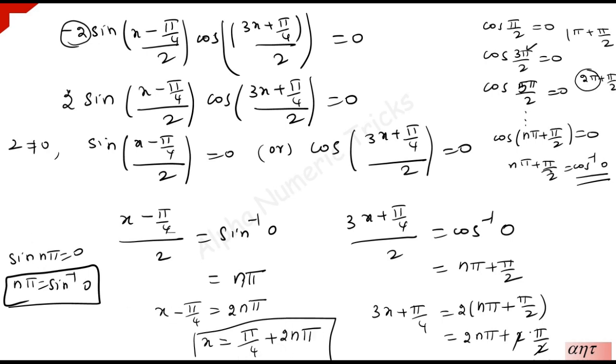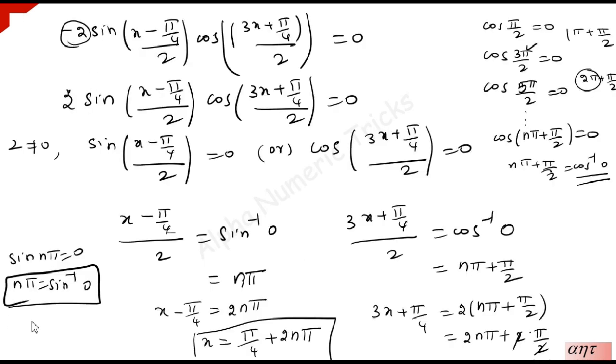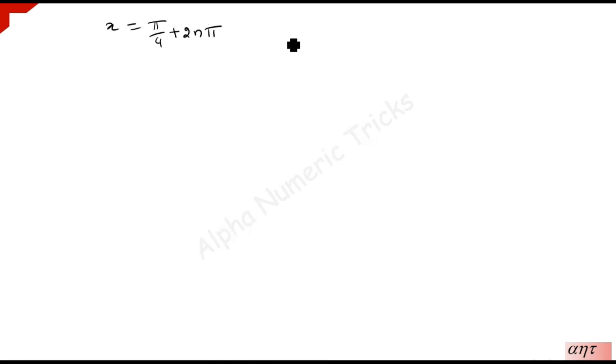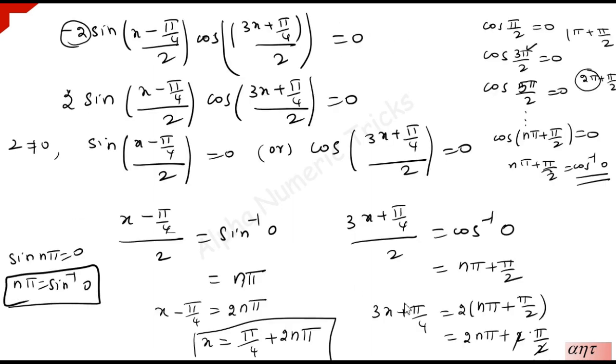So one value for x we obtained is pi by 4 plus 2n pi, and from this we have 3x plus pi by 4 is equal to 2n pi plus pi.